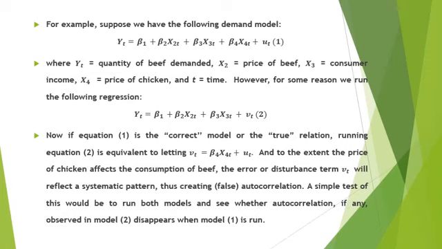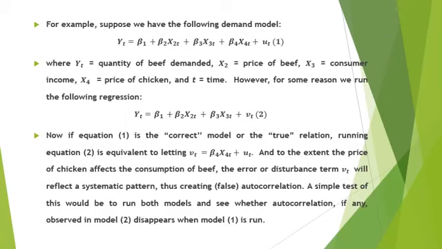In the same way, suppose we have the following demand model: Yt equals beta 1 plus beta 2 X2t plus beta 3 X3t plus beta 4 X4t plus ut, where Yt is the quantity of beef demanded, X2 is the price of beef, X3 is the consumer income, X4 is the price of chicken, which is considered a substitute good for beef, and the subscript t denotes that the data is ordered in time, that is, time series data.